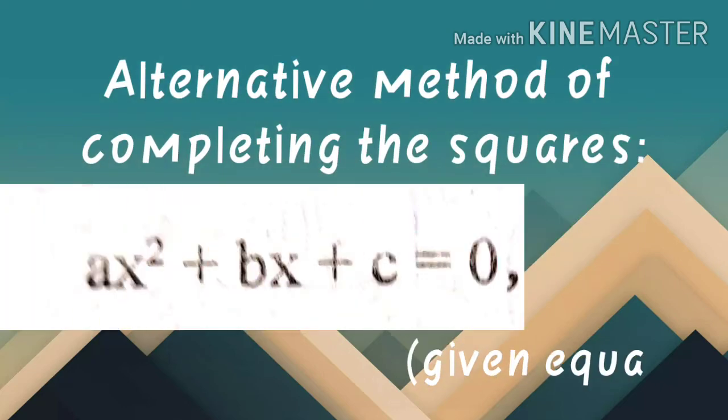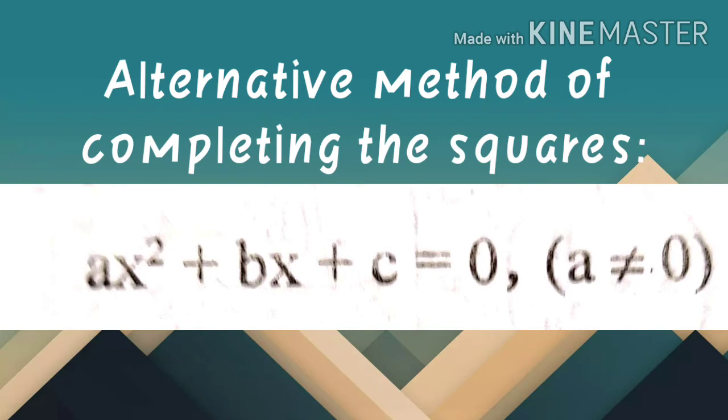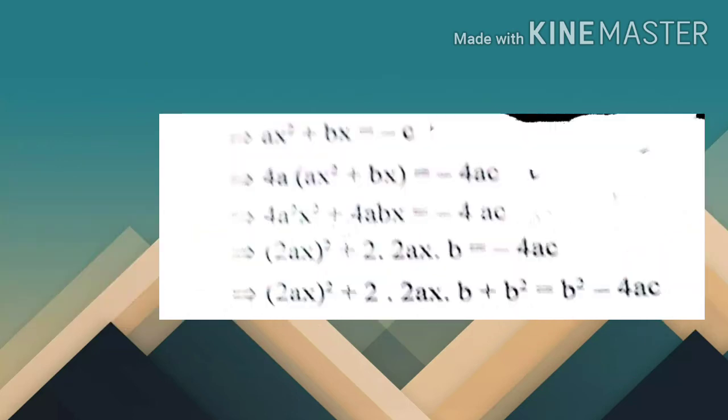Now we will proceed to solve the given quadratic equation ax² + bx + c = 0, where a is not equal to 0, by an alternative method of completing the square. Transposing c to the right hand side, we have ax² + bx = -c. Now we multiply both sides of the given equation by 4a. We get 4a(ax² + bx) = -4ac.